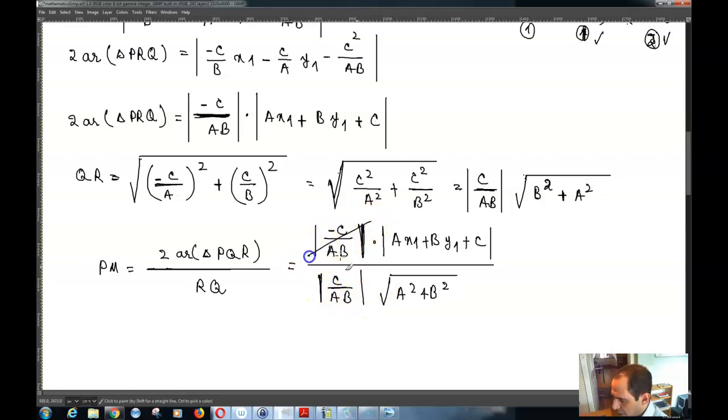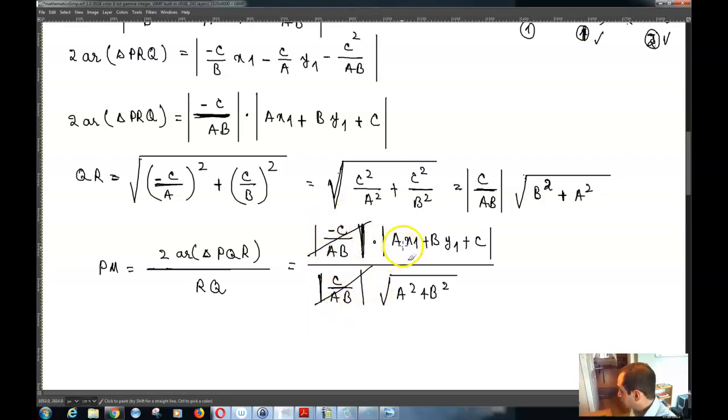You can cancel them out, because whether you have the absolute value of negative c over ab or the absolute value of c over ab, the output is going to be a positive value. So it doesn't matter whether you have a negative sign in there or not. You can cancel them out.